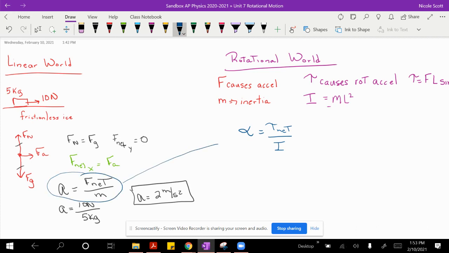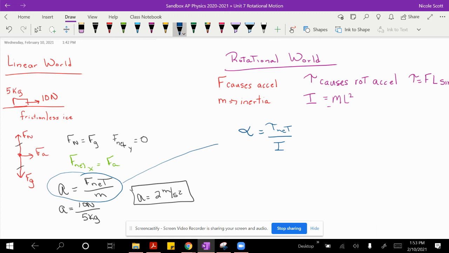The symbols aren't the same, and the equation isn't identical, but it's certainly a mirror. What causes rotation? Torque. What's rotating? An object. How do I describe that object's inertia? Well, how much mass is there and how far away that thing is from the point of rotation.